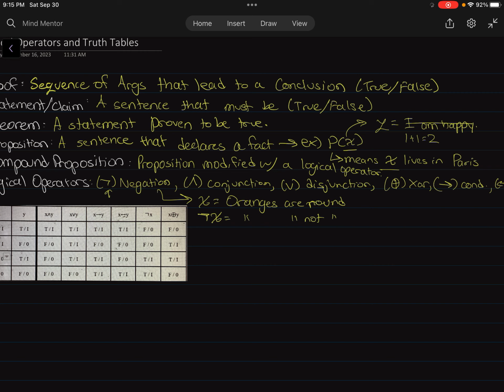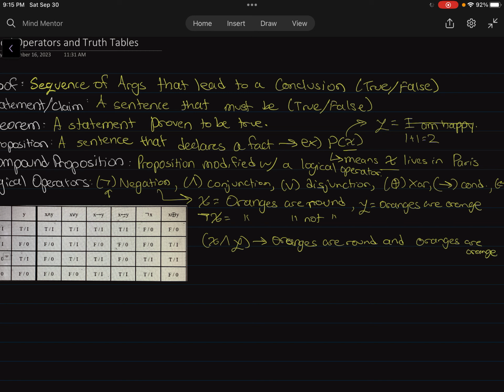We could also have a conjunction, so it says oranges are round, and then we have another proposition Y that says oranges are orange. So then we could combine it together in a conjunction, X and Y, which means oranges are round, and oranges are orange.